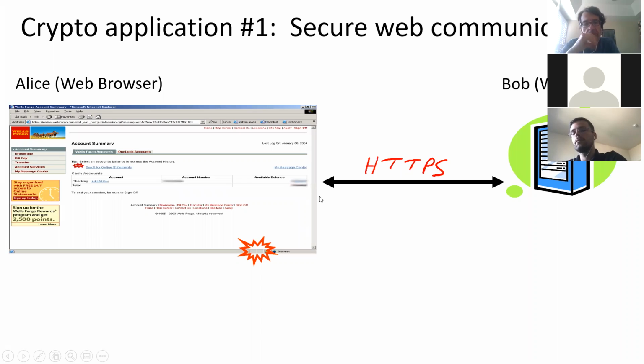So here's a basic crypto application: secure web communication on the web. Here you have an asymmetric situation where you have a web user communicating through a browser with a web server. And then there's secure HTTPS.